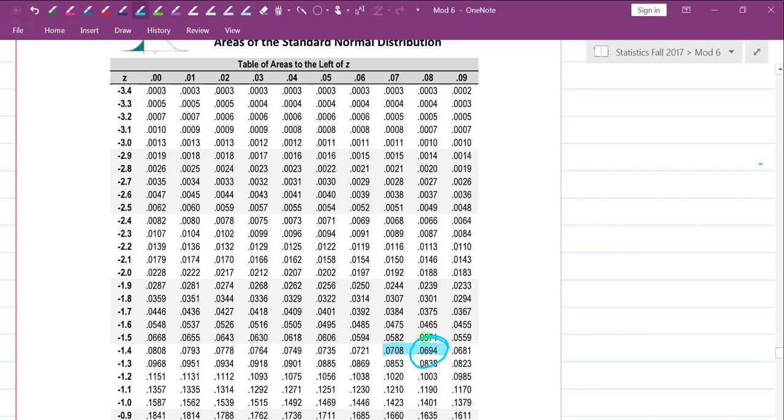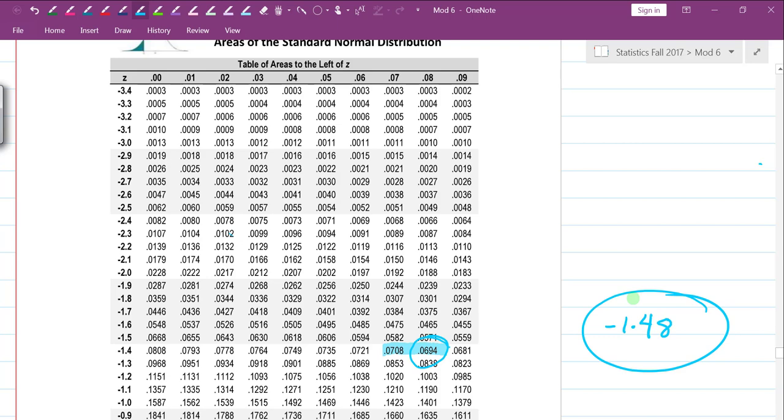So the z value that we're going to use is going to be a negative 1.4. So negative 1.4, see that corresponds all the way over, and then going up to 8. So our z value is negative 1.48.